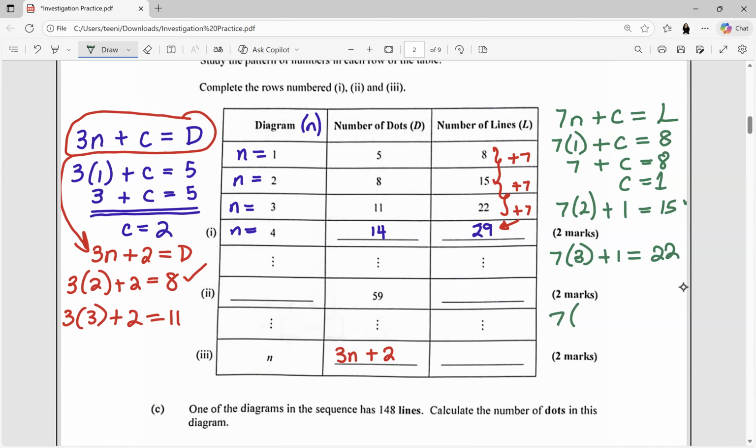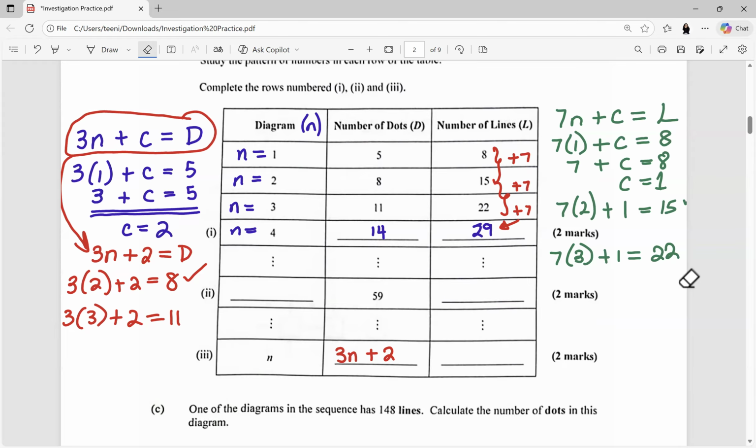How many lines will I have? 36. Oh, 7 times 5 is 35. Oh, my bad.